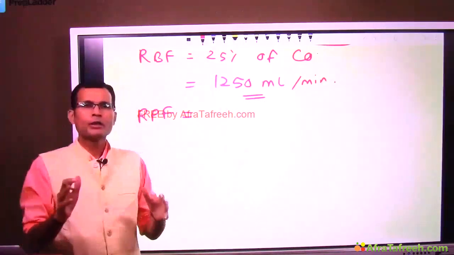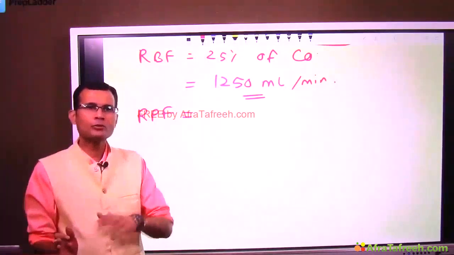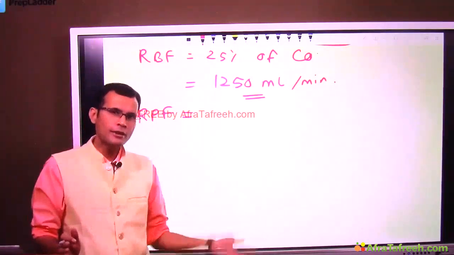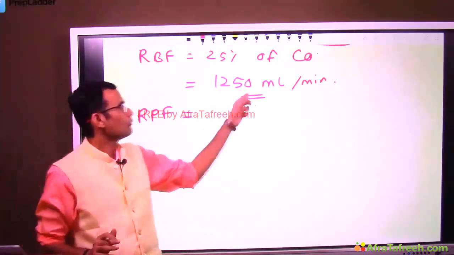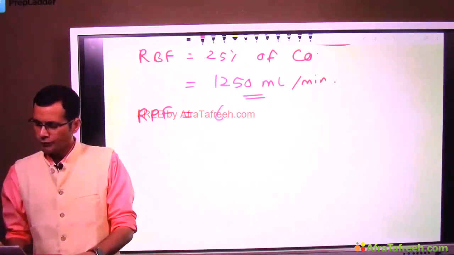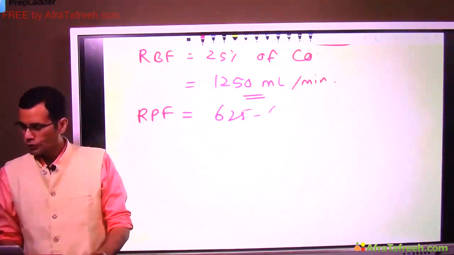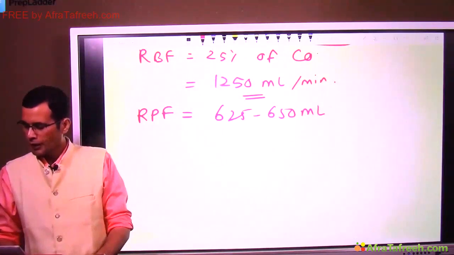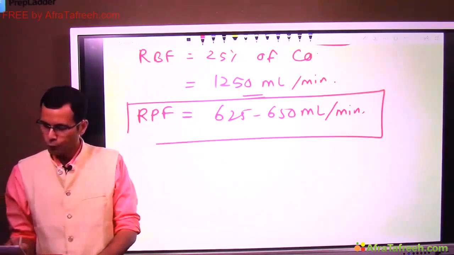You know, the blood is made up of cells and plasma. So 45% roughly is the cell volume and 55% is plasma. So 55% of this, let's say it's in the range of 625 to 650 ml per minute. That's the renal plasma flow.